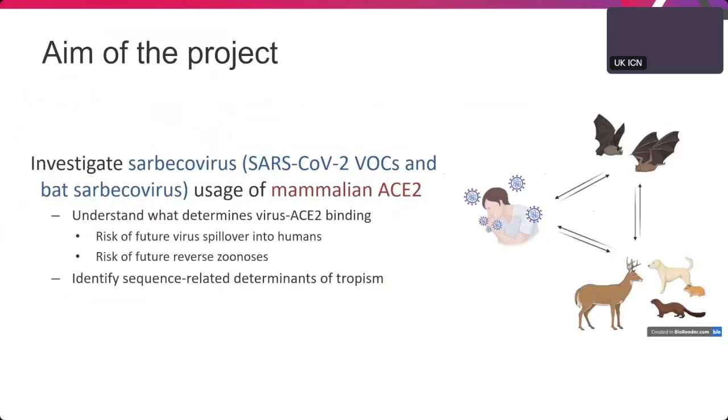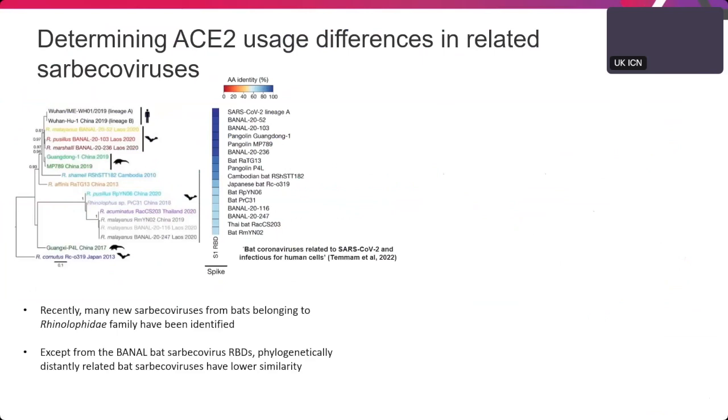Based on this information, the aim of my project was to investigate the usage of mammalian ACE2 by sarbecoviruses, particularly SARS-CoV-2 VOCs and bat sarbecoviruses, and to identify and investigate the sequence determinants of differential binding to ACE2 and also the host reservoirs to prevent future spillover. After the emergence of SARS-CoV-1, there has been continuous discovery of sarbecoviruses from various animal species.